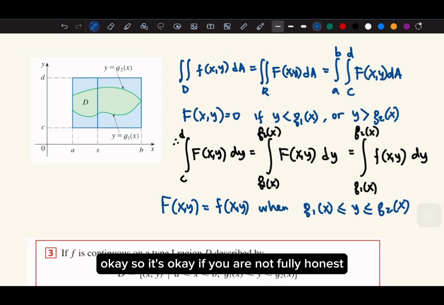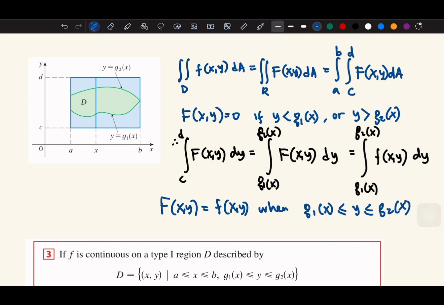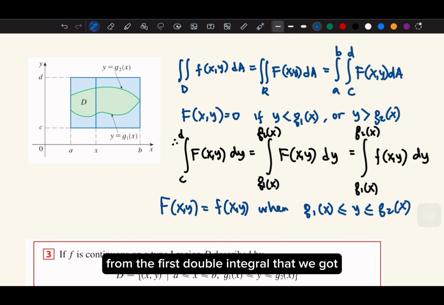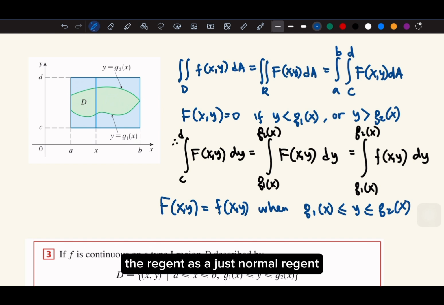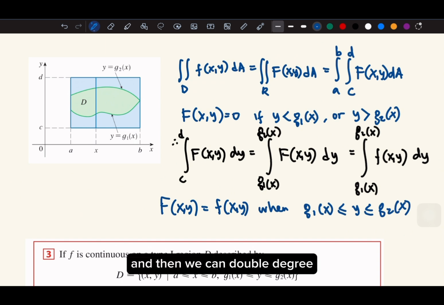Okay, so it's okay if you don't really understand what is happening here. We are kind of developing the definition from the first double integral that we got, which includes the square, the rectangle, right? But now we want to make the regions just normal regions, which can be any curve, any shape. But we want to make sure that we can do the double integration. So we can set up a definition where we set a square, and then we can double integrate.